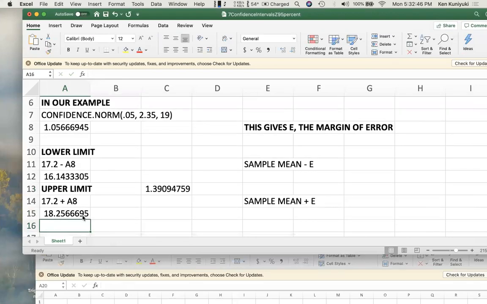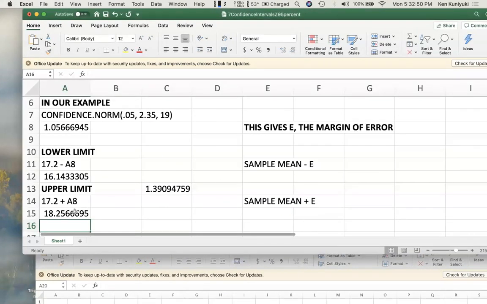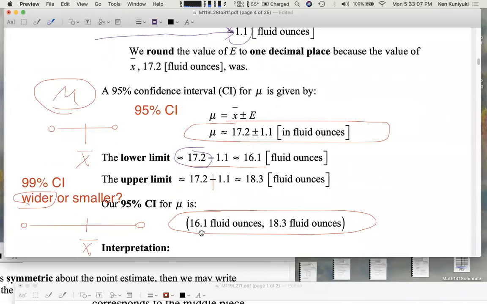And we get 18.3 fluid ounces. Again, 17.2 plus 1.1 is 18.3. So we get the interval from 16.1 fluid ounces to 18.3 fluid ounces.